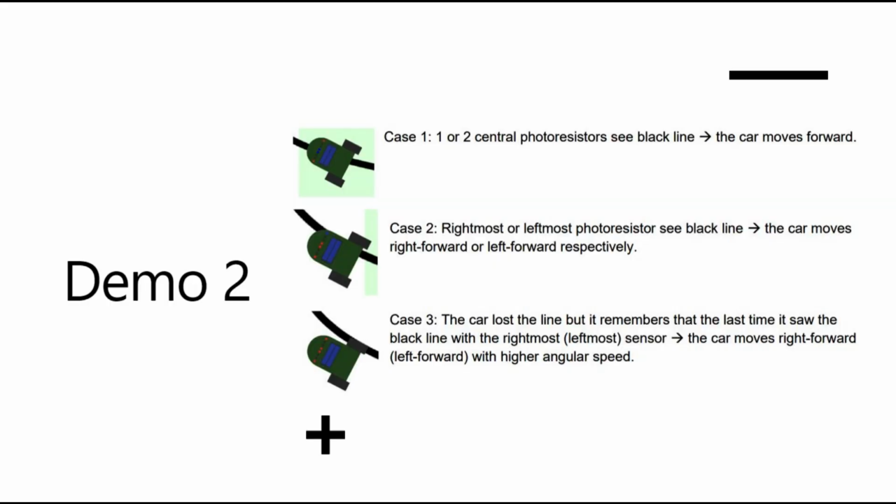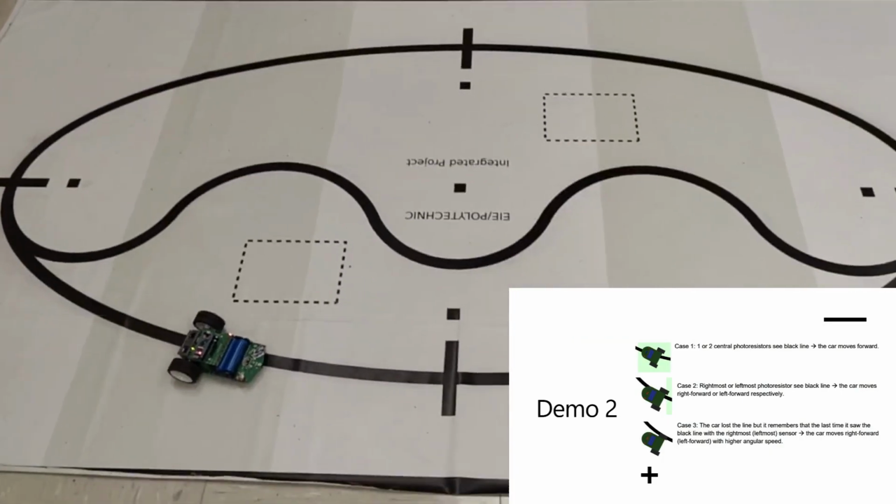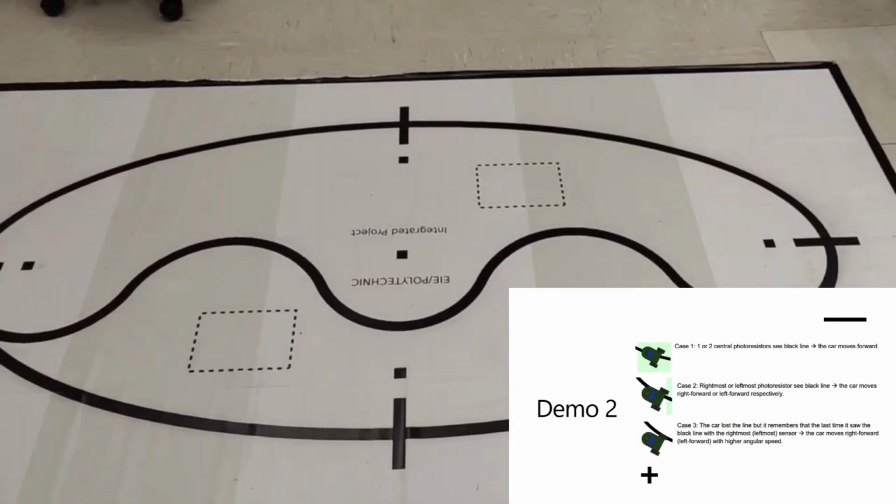For demo 2, I used the decision tree approach. I split the entire process into a set of cases. You can see the most important cases listed here: case 1, case 2, and case 3.